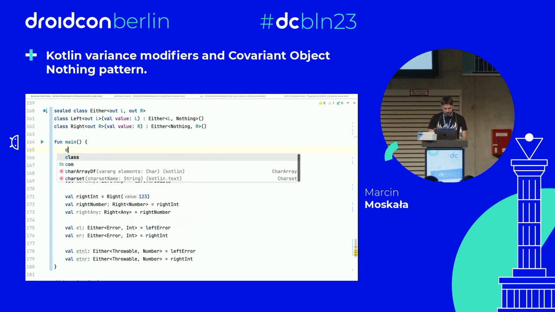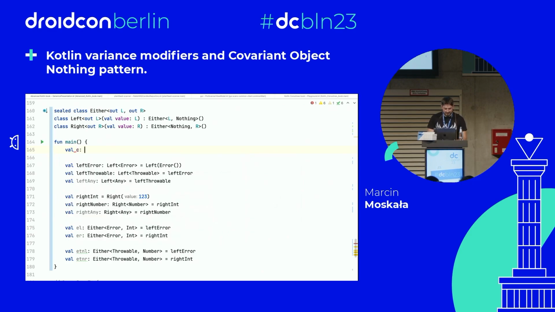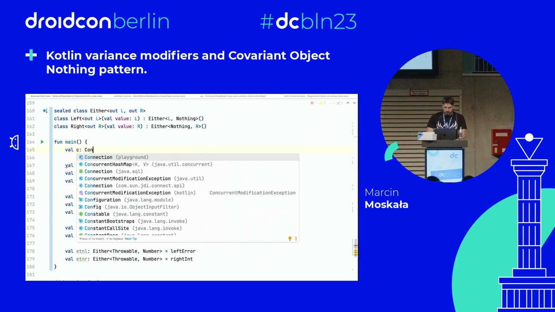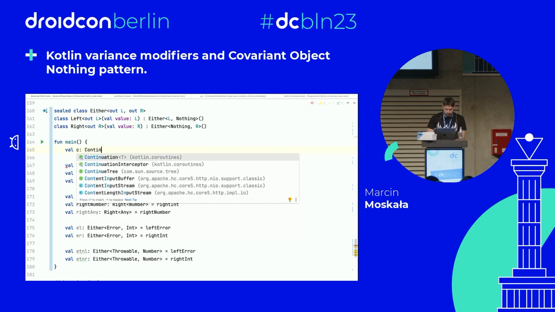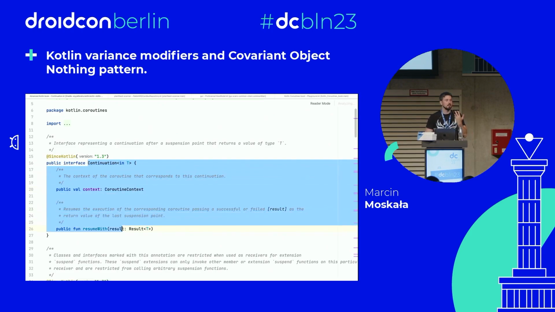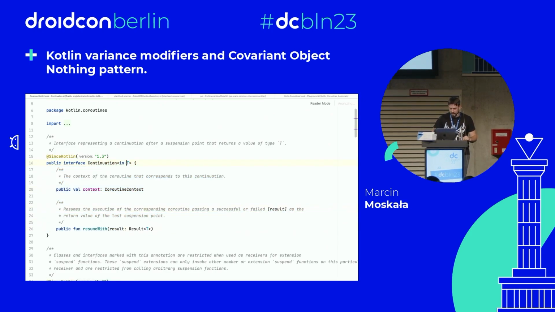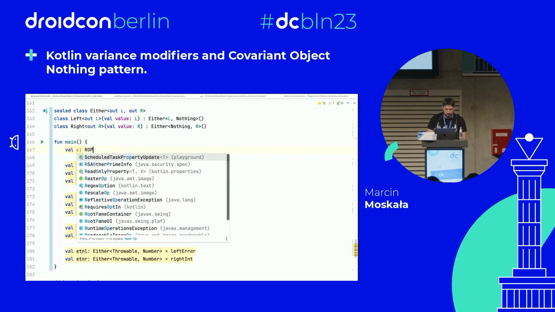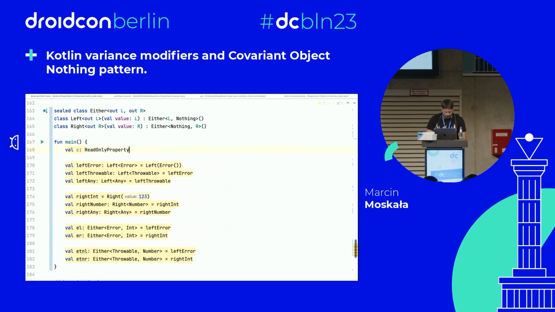So for instance, I'm improvising a bit now, but if you are into coroutines, if you are using continuation, it is consuming things. This resume with is an in modifier. So of course the continuation type is in, because this type is only coming in. If you are into property delegation, there are those interfaces, read-only property and read-write property.